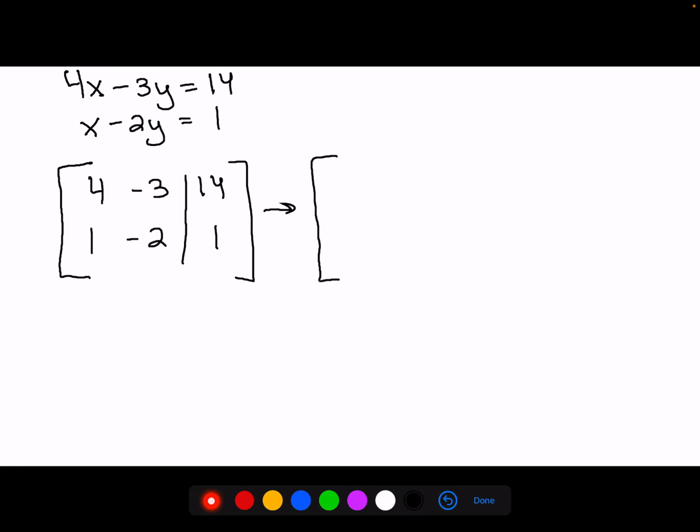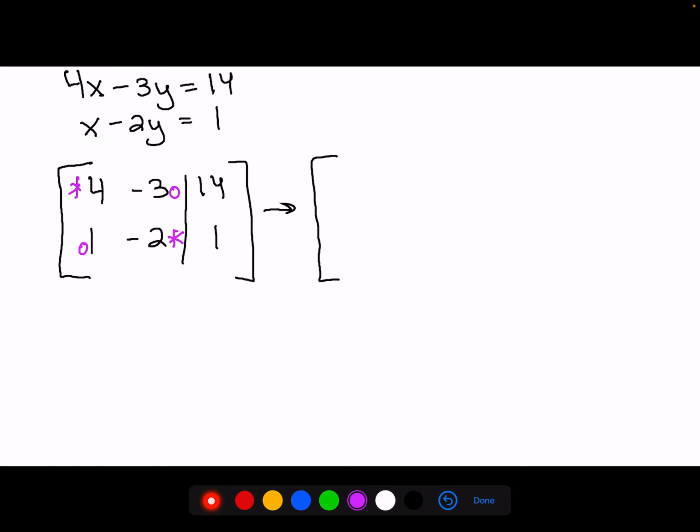It's a good idea to start with getting a 1 and start getting that diagonal of 1s going. We want to get the upper left 1 in place first. Then we want to work on our 0s underneath, and then kind of curve our way around, and we need a 1 in place over here, and then we're going to need a 0 over here too.